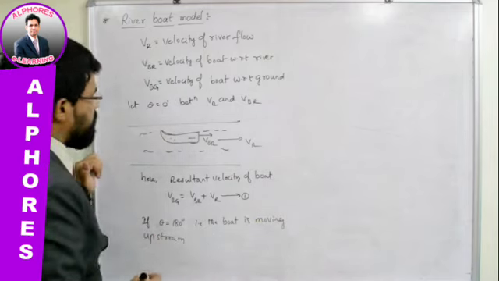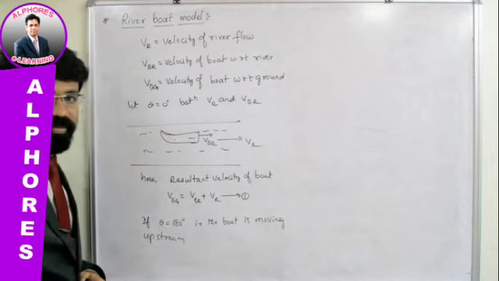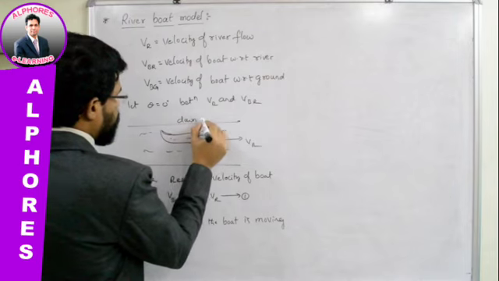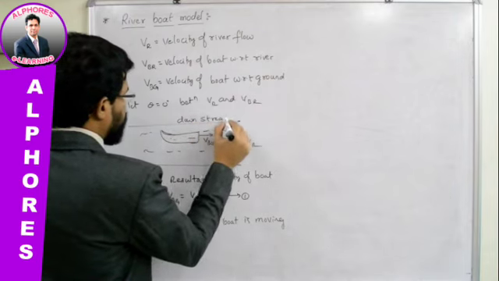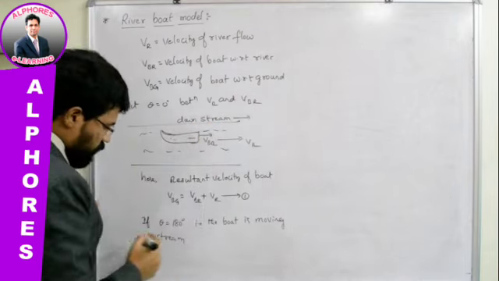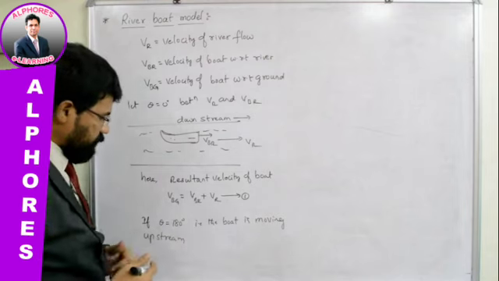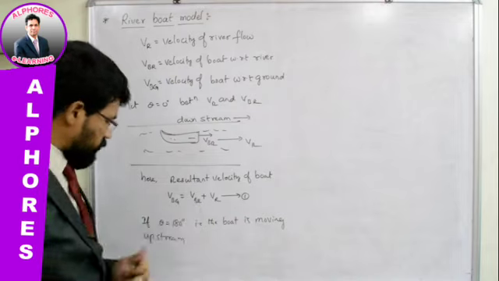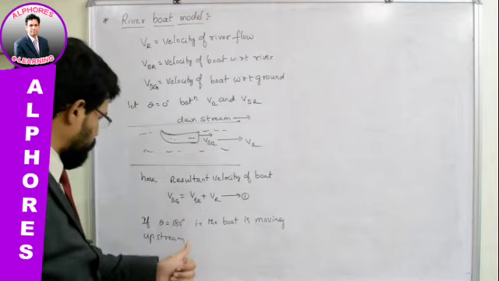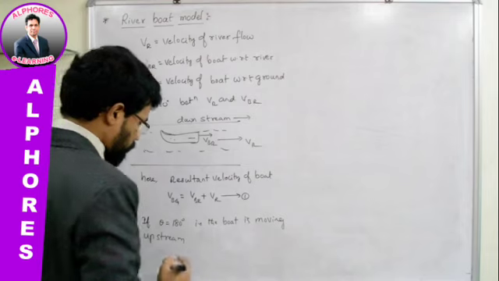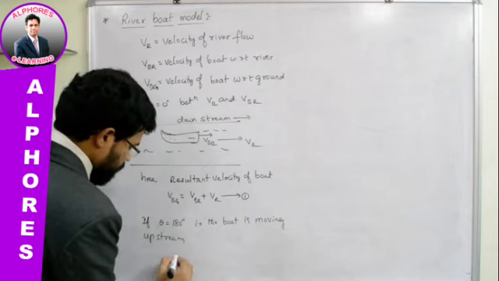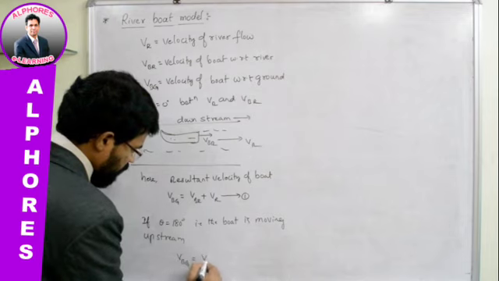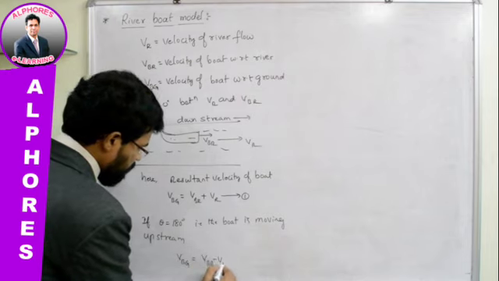In the previous case, the boat is moving along the stream, downstream. In this case, if theta is 180 degrees, this angle is between VR and VBR. It means the boat is moving upstream against the river flow. In this situation, the resultant velocity of the boat with respect to ground can be written as VBR minus VR.